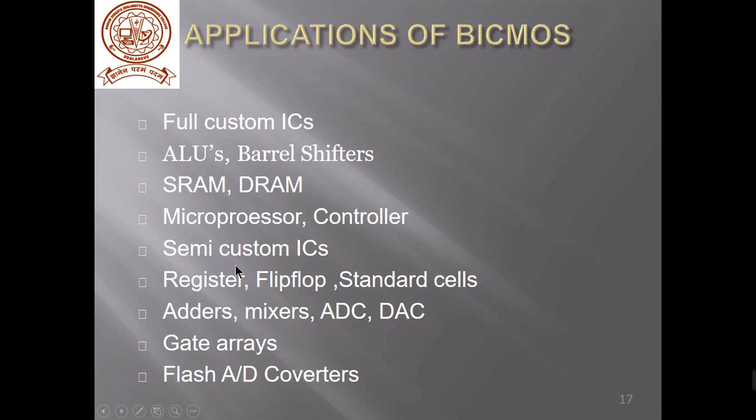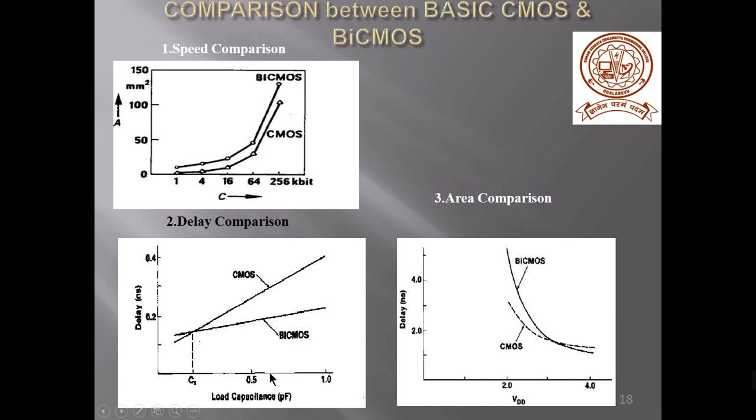It is also used in semi-custom integrated circuits, and some very important applications in registers, flip-flops and standard cells, adders, mixers, analog to digital converters, digital to analog converters, gate arrays, and finally flash analog to digital converters.